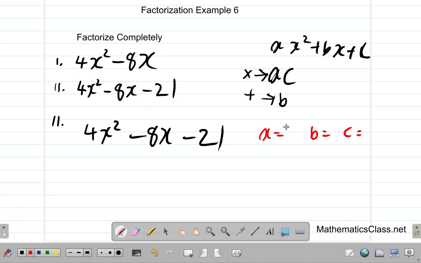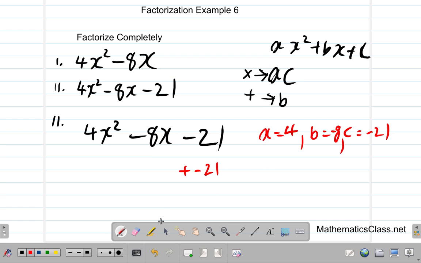How about B? It says plus bx, and it says minus 8x, which is the same as plus negative 8x. So B is negative 8. What about C? We have plus c. This says minus 21, which is the same as plus negative 21. So C is negative 21.